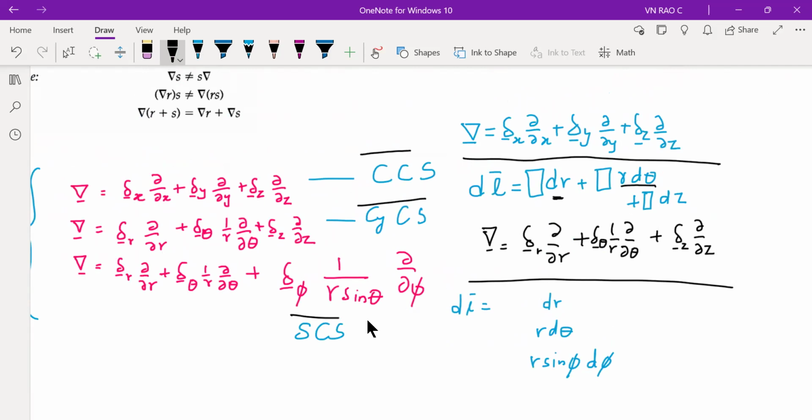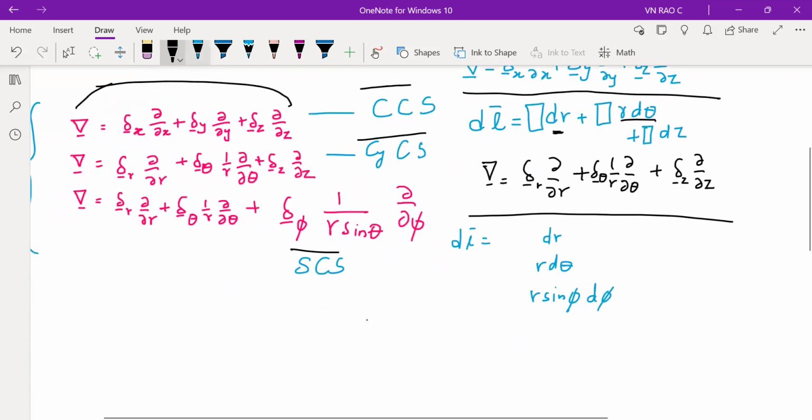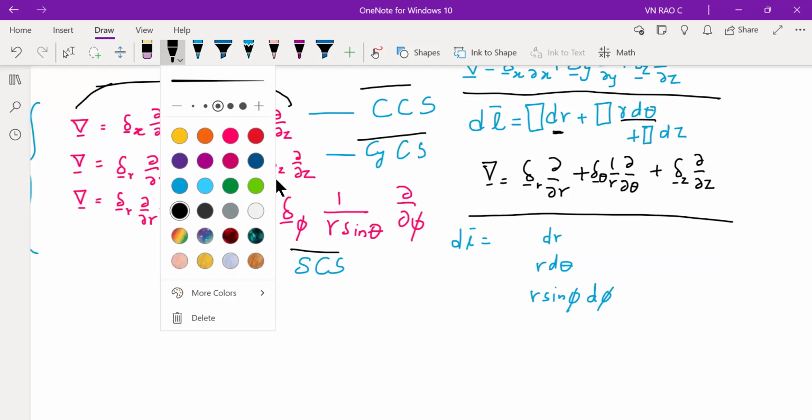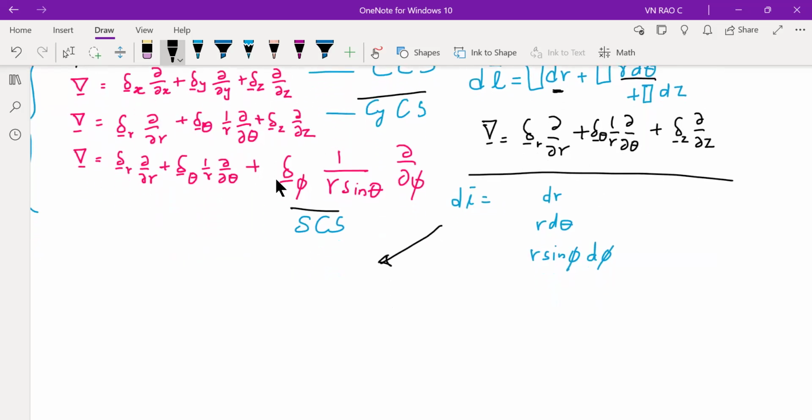This gives the definition of the del operator. Once we understand the differential length and the different terms you have, we are ready to write the del operator in spherical coordinate systems.